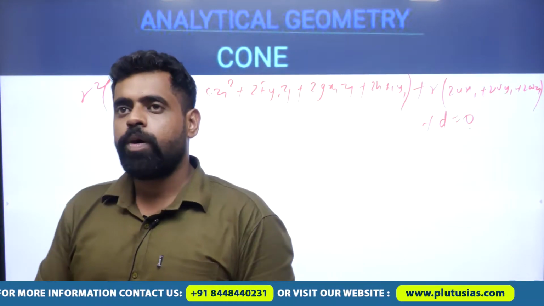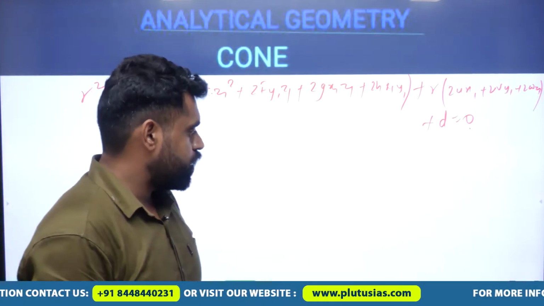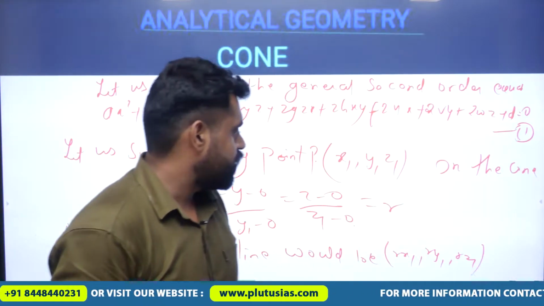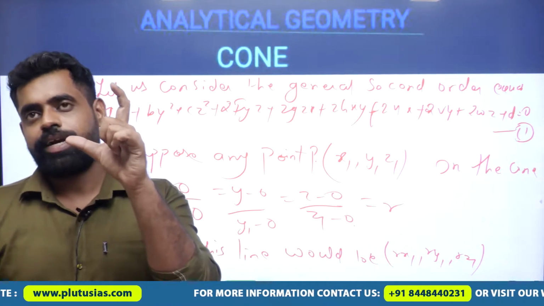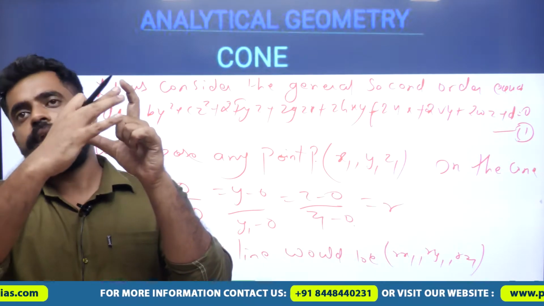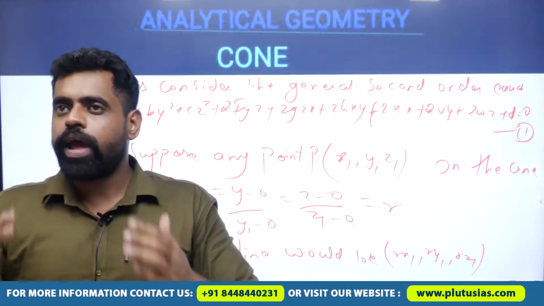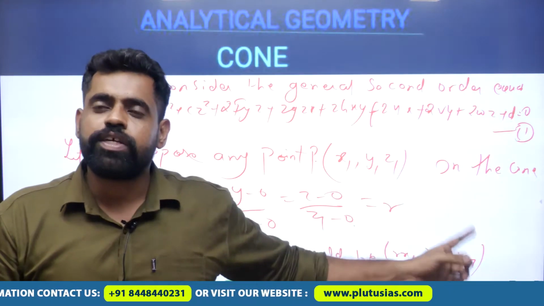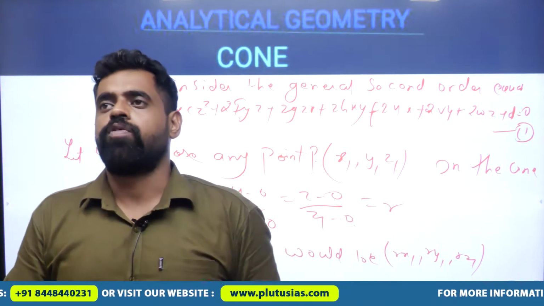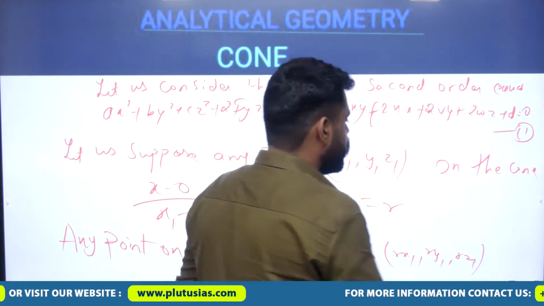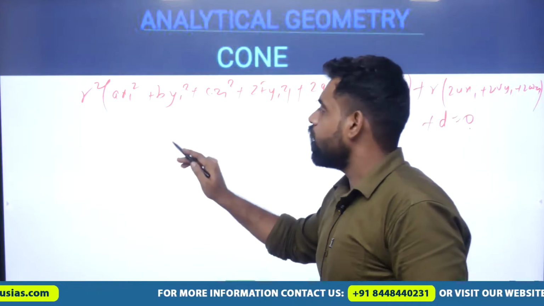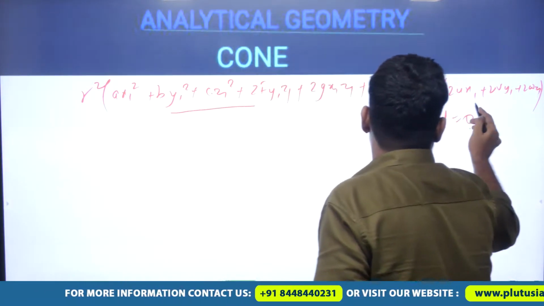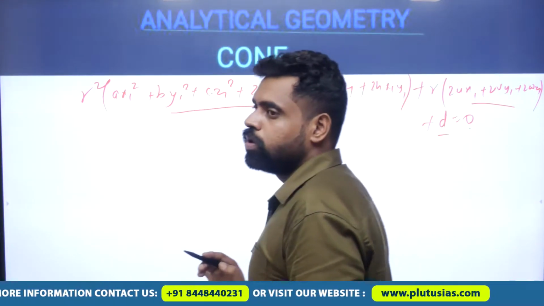We get a quadratic equation in r. Now I told you this line OP is the generator, so every point lies on the cone. So this equation must be satisfied for every value of r. And it is only possible for every value of r if this is equal to 0, this is equal to 0, and this is equal to 0.